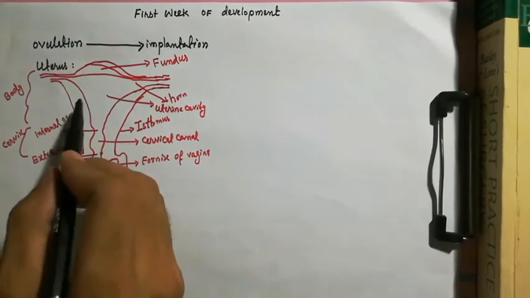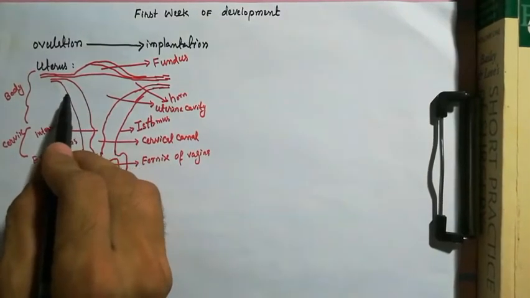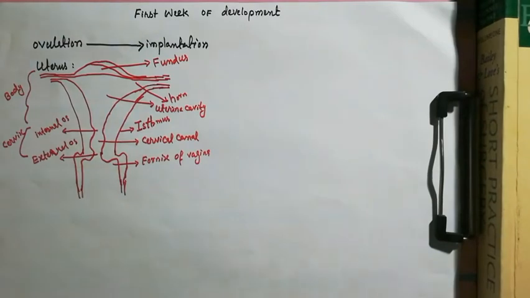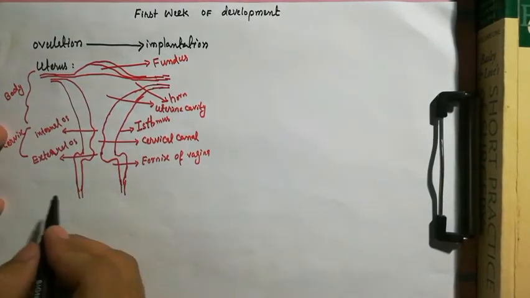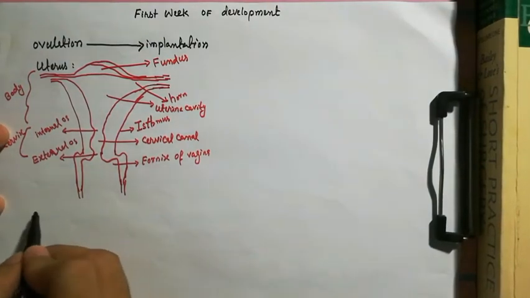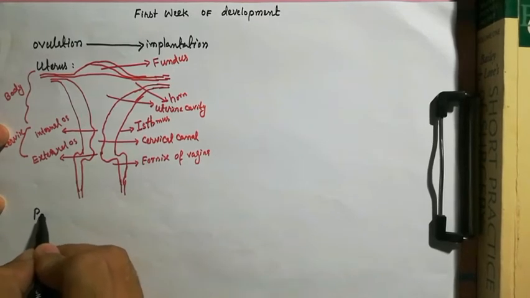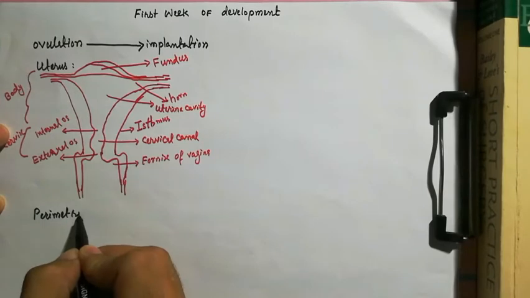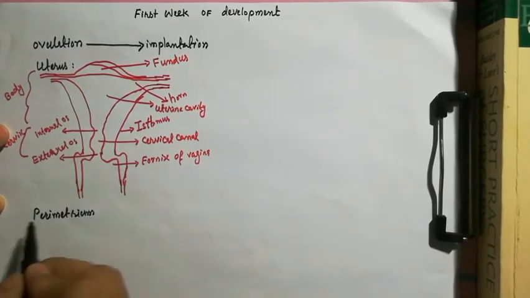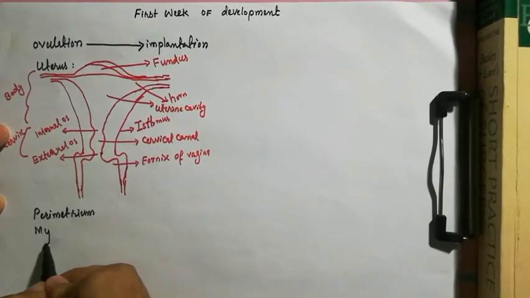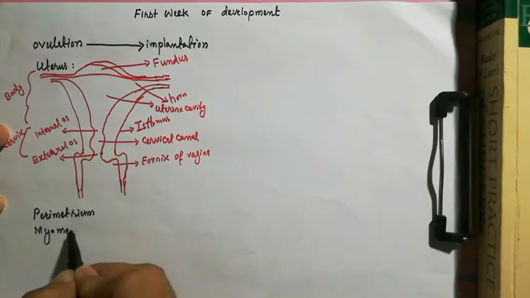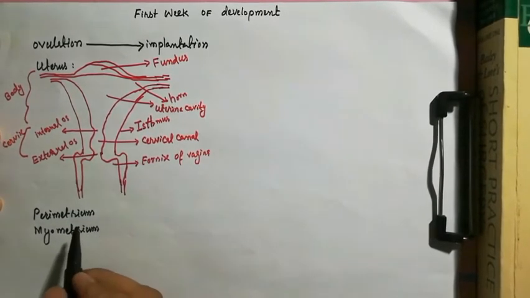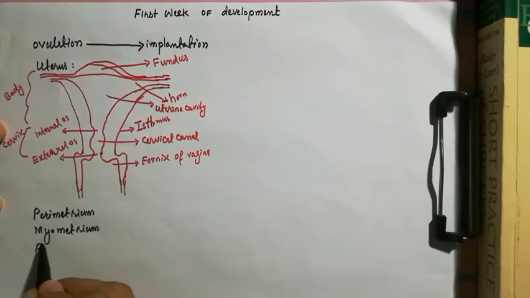Wall of body of uterus. This wall of body of uterus is composed of 3 layers: outer to inner perimetrium, then myometrium, and inner layer is endometrium.